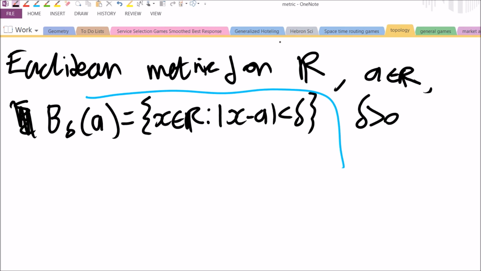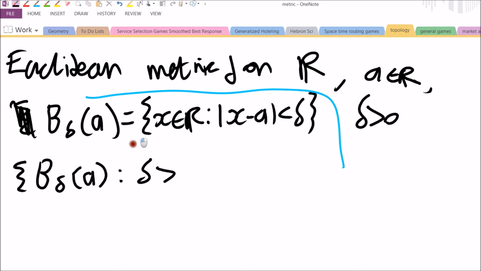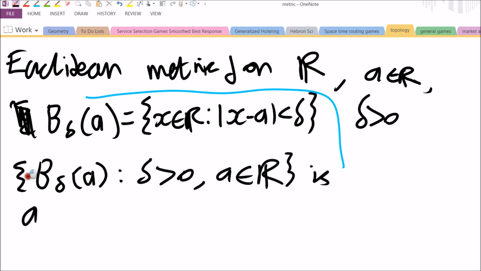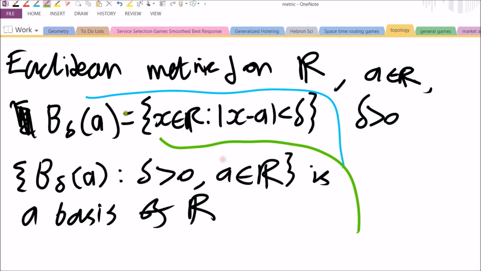So when we have this, then it's pretty clear, hopefully, that the set of all open balls around the set of all points with different radii is actually going to be a basis for the Euclidean topology on R. And to see this a little bit more clearly, just think about what this actually is.